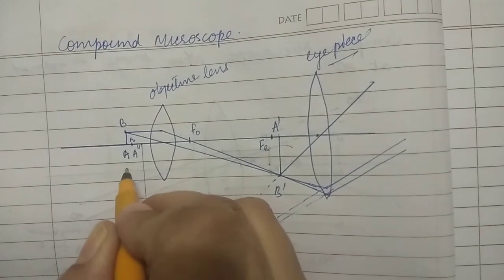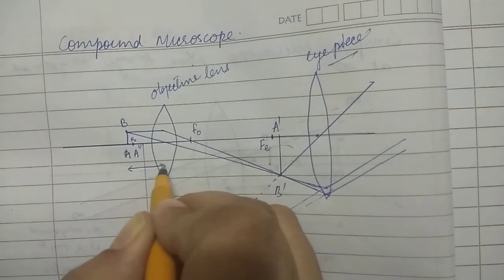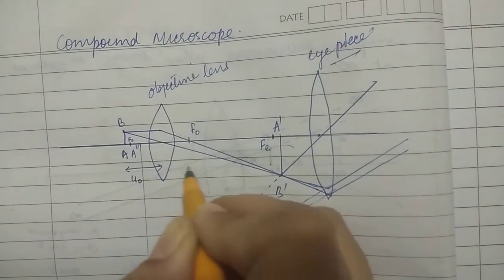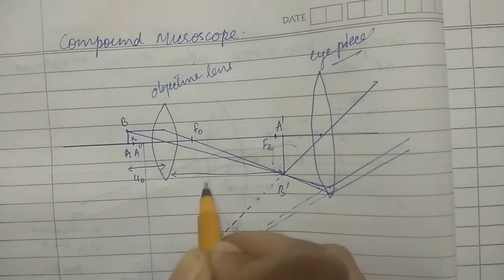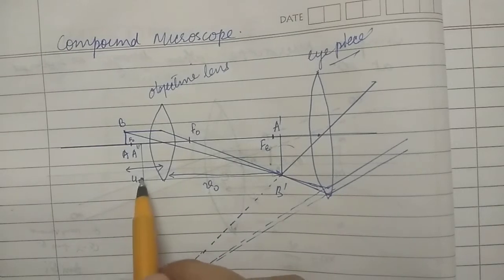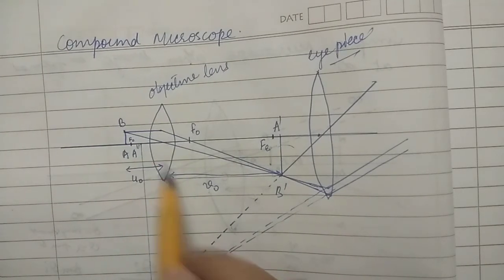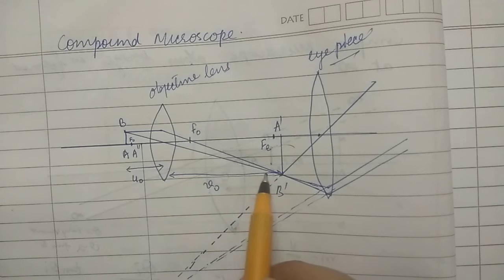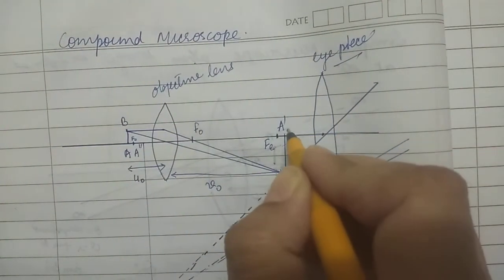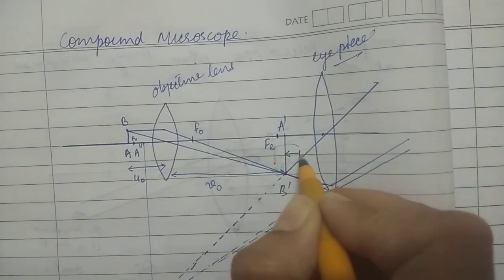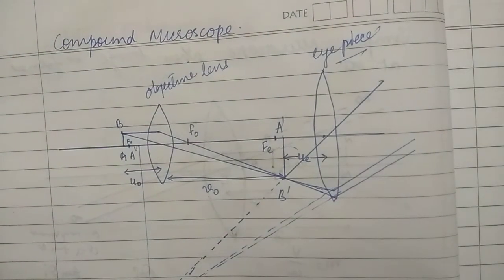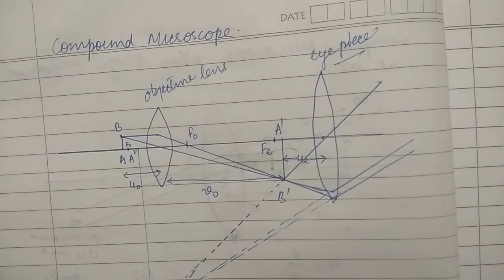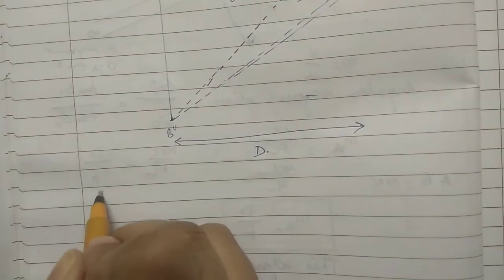Now this is UO. This is VO. Means object distance for the objective lens, image distance for the objective lens, and this is UE, object distance for the eyepiece. Now we'll find out the magnifying power for this microscope.